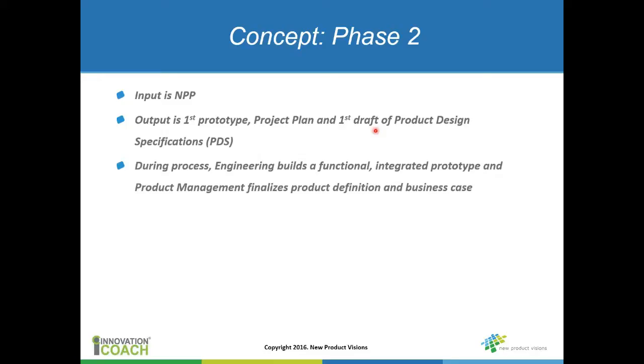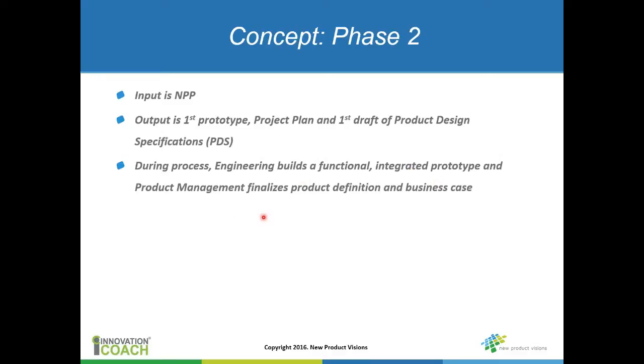And during this phase, engineering is going to be building a functional integrated prototype, in concert with some basic design activities, obviously. But the whole goal, the deliverable here, is an integrated prototype, and all the design tasks that you're going to have to do in order to get to that point.